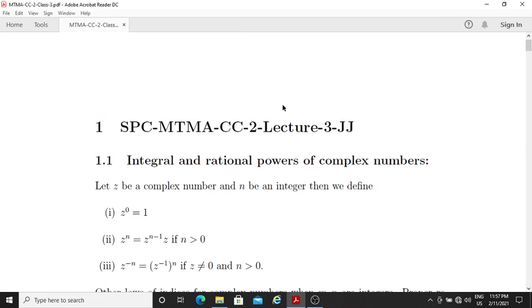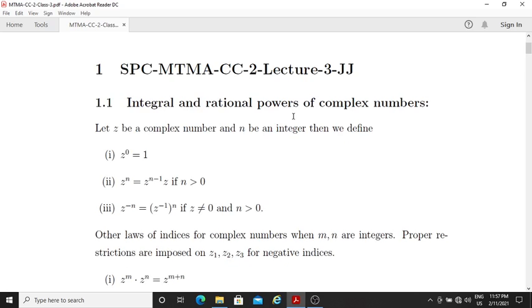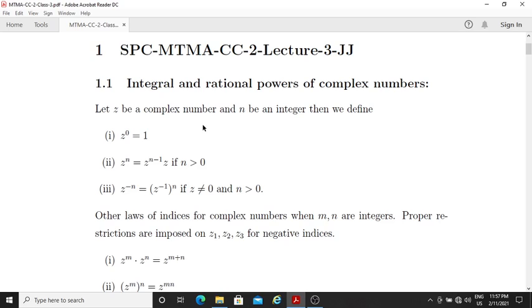All right. So first, integral powers of complex numbers. Integral powers means something to the power of some integer. Just like real numbers, complex numbers behave exactly like real numbers. If you put any complex number z, z to the power 0 is 1, just like the real number. z to the power n is the same as z to the power n minus 1 into z.